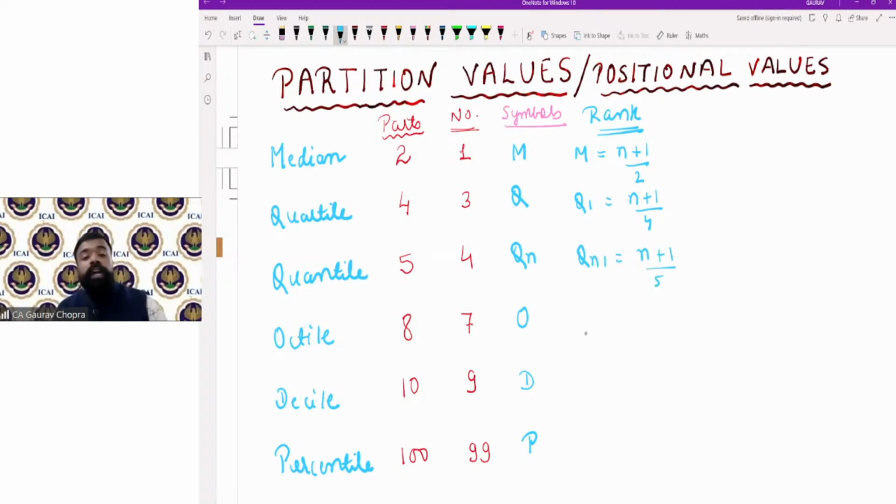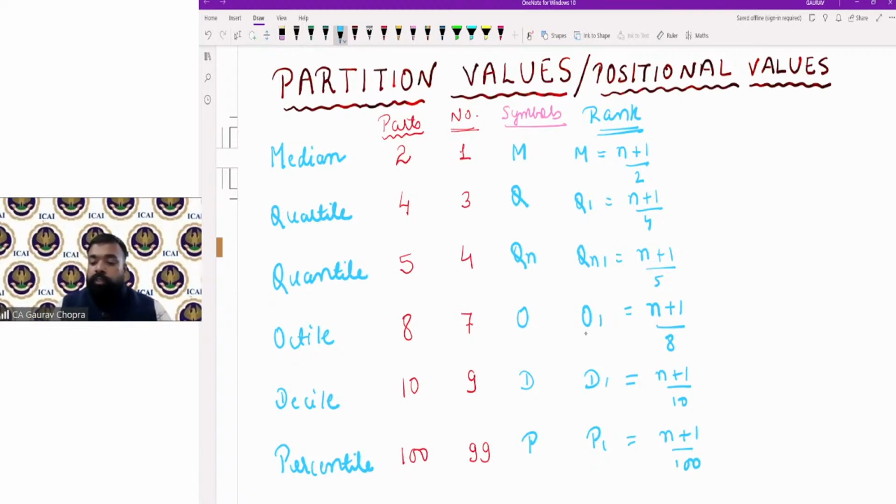Why divided by 5? 5 is the total number of parts, so always divide by the total number of parts. Then octile, O1, will be (n+1)/8. Decile, D1, (n+1)/10. And percentile, P1, (n+1)/100. In this way, we can calculate all the ranks.